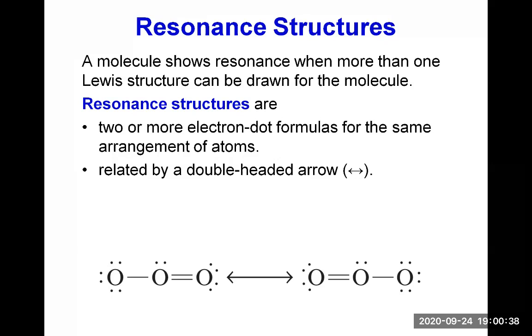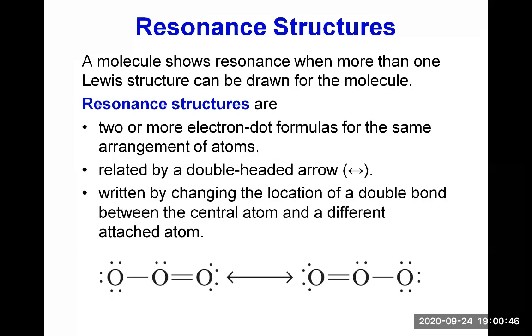It's not one or the other. It's something in between. So resonance typically stabilizes molecules. And you can see here that the difference between the 2 structures is just the location of the double bond, which goes from right to left. But it's really the same structure otherwise.